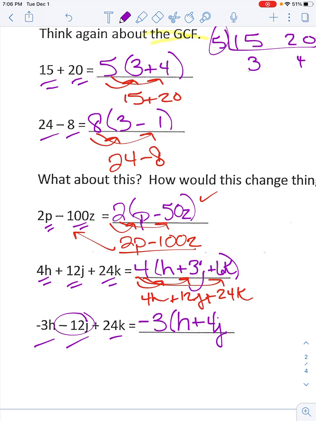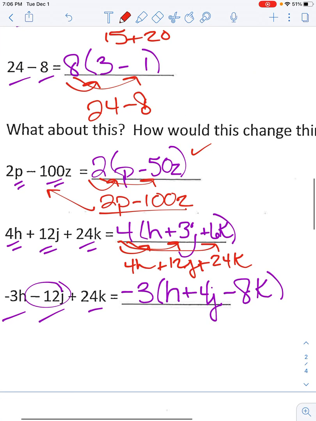And then 24 divided by 3, I'm going to put a negative 8k. And this is when the signs get tricky. This is why we always go back and distribute to make sure our signs make sense. And we may have to change these signs inside.